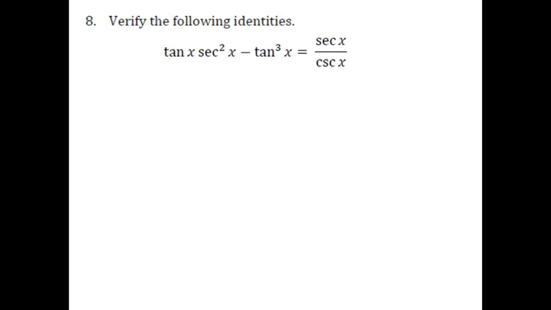This is a great example of an identity that has a variety of methods you could use to verify. First thing I'm going to do is put up my wall there, no moving things from side to side. This time I think I'm going to start over on the left. And what a lot of people like to do is change things and get them in terms of sine and cosine, and you could do that here, but there's actually a faster route.